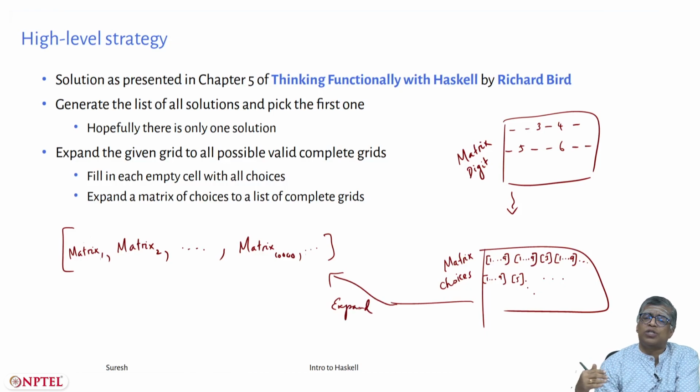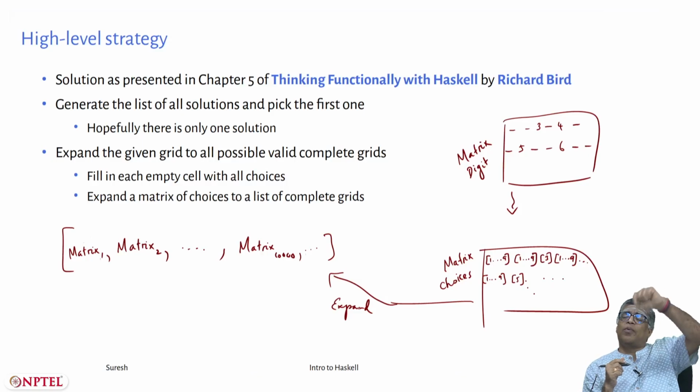From a matrix of choices, you blow it up. How do you blow it up? By choosing all possible combinations.